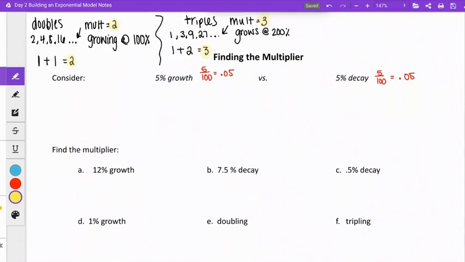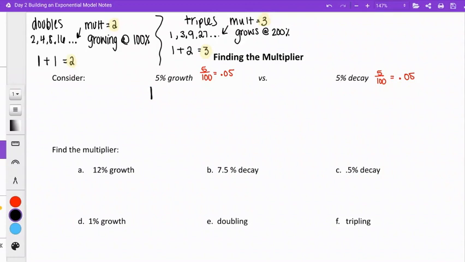So if we want to consider a 5% growth versus a 5% decay, you always want to include this idea that your initial value is always going to be the number 1. So we're going to say 1 plus the growth rate versus 1 minus the growth rate.